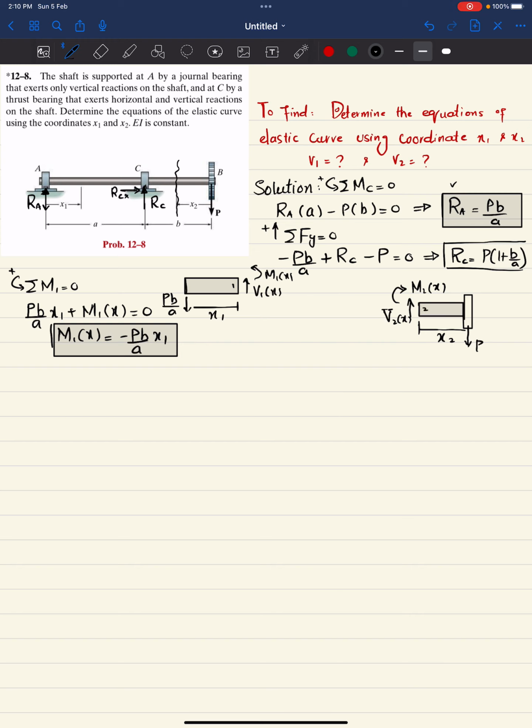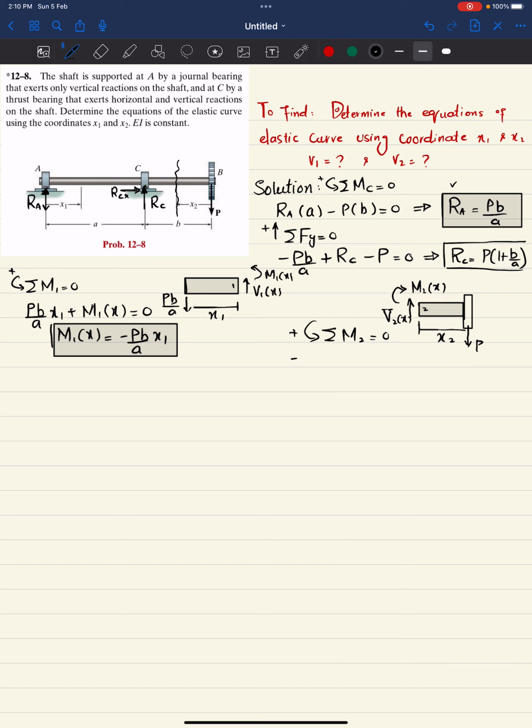This is point 2. Applying the equilibrium condition that the sum of all moments about point 2 is equal to 0, taking counterclockwise moment as positive: one moment is this M2 of x, which is clockwise, so negative, and the other is P times the perpendicular distance x2, which is also negative because it is clockwise.